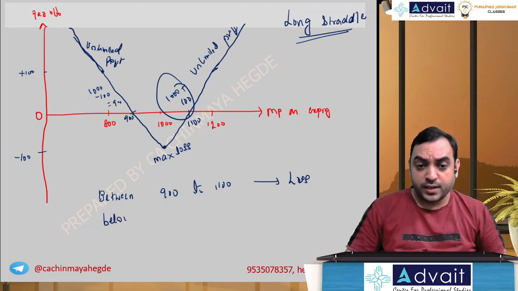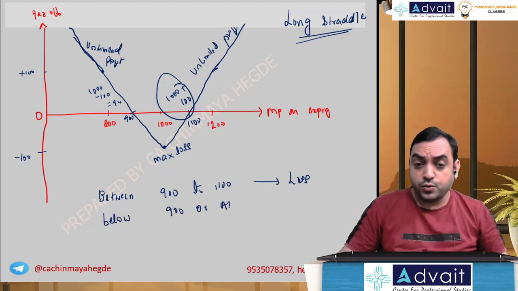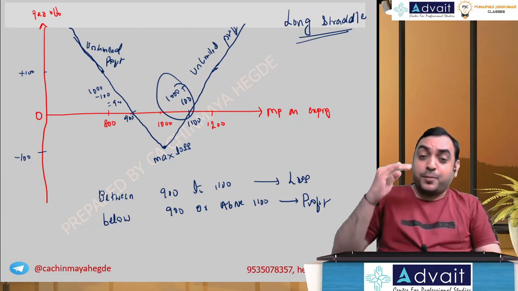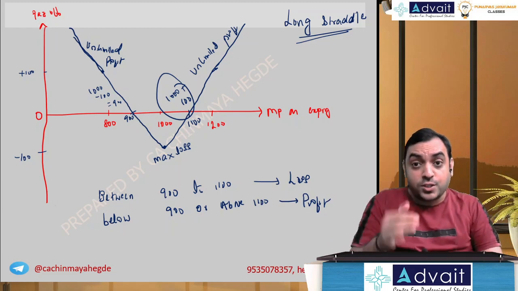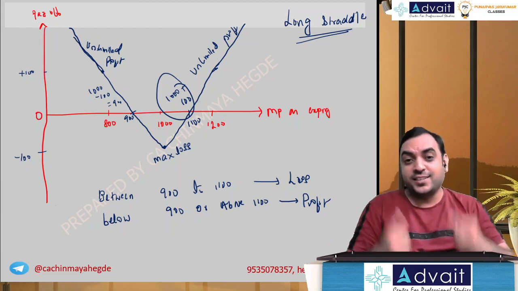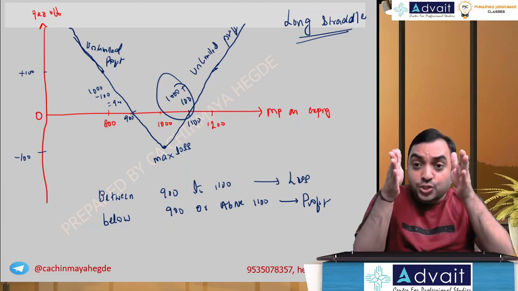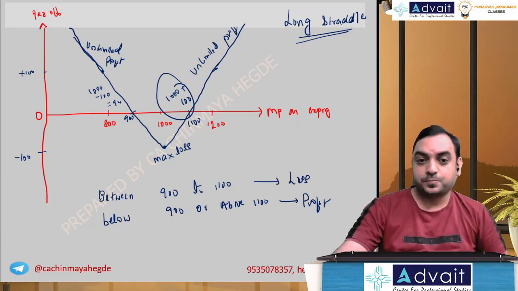Below 900 or above 1100 you make a profit. You see, if the market price goes up you make profit, and if the market price comes down you also make profit. What an amazing strategy. But when will you make a loss? If the price is stagnant between two particular prices.